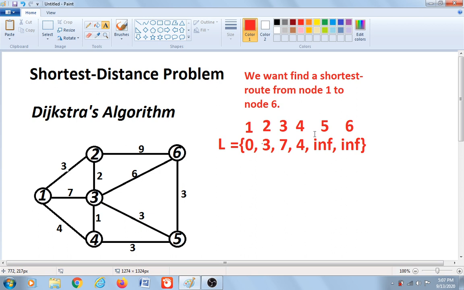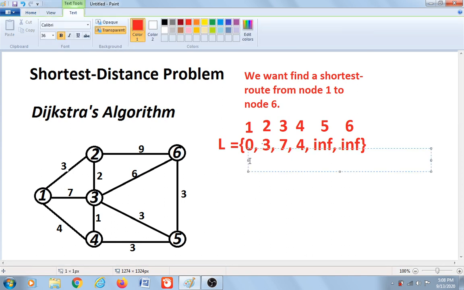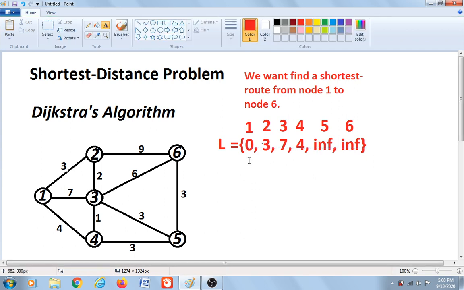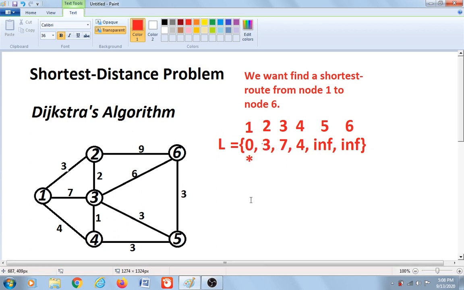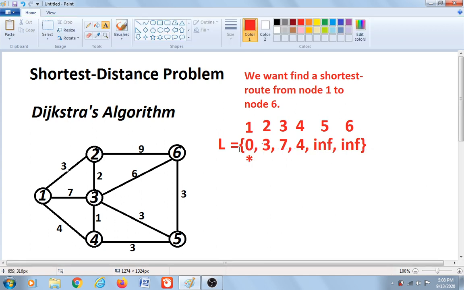Okay, from node number 1 we can go to node number 2. So we start from node number 1. We always start from node number 1, and then we put a star. So we label node number 1, we put a star here for node number 1, that means we label that node.